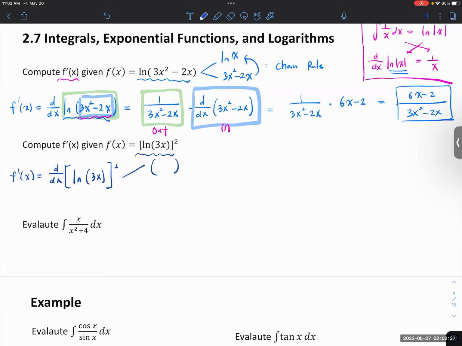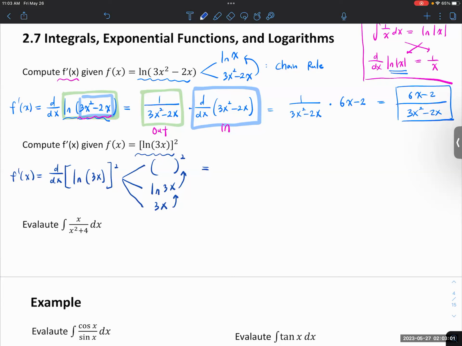You have a quadratic function. You have an ln 3x function. You have 3x inside. So this is a double chain rule, as you see. Therefore, you have to do inside, middle, and outside, separately, taking the differentiation.